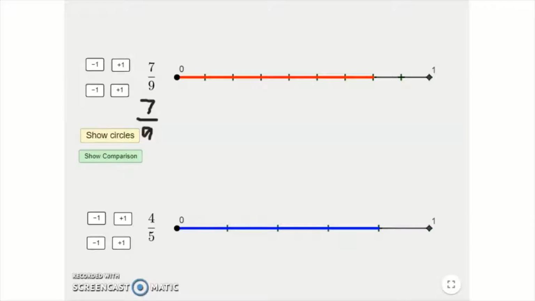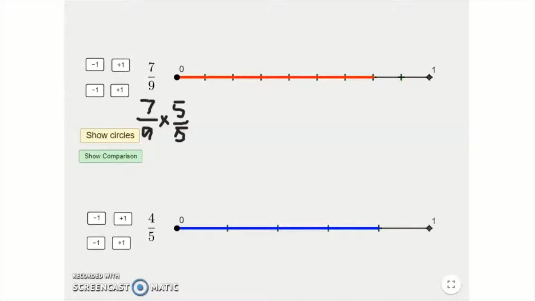There's no shortcuts. So what I need to do is multiply both the top and the bottom of this fraction 7/9 by 5 over 5, the number from the denominator here.